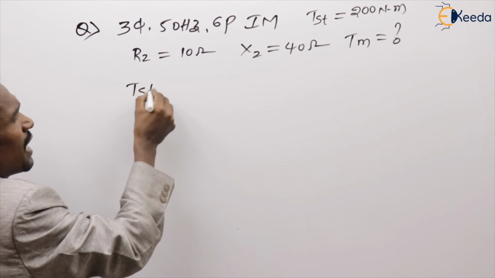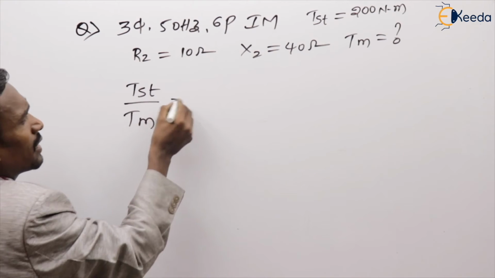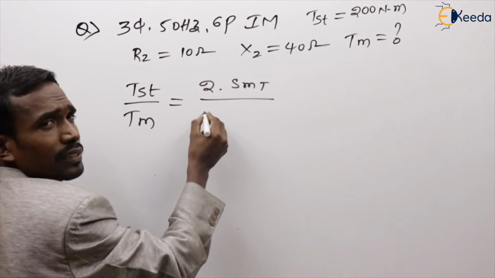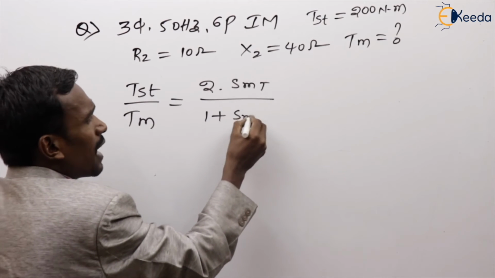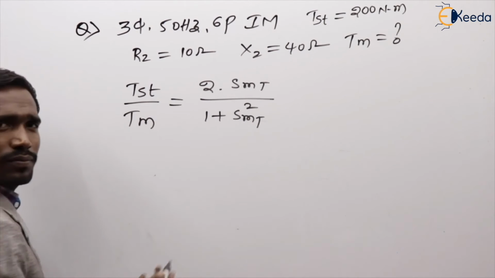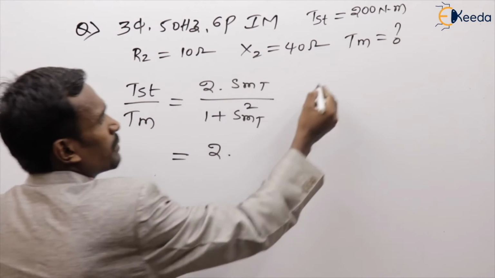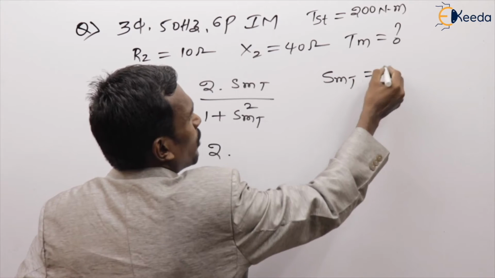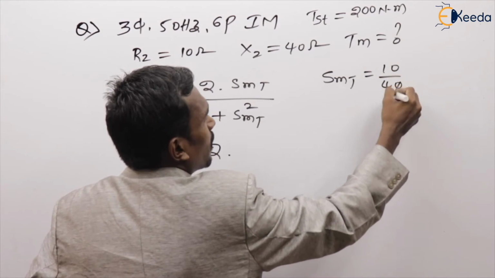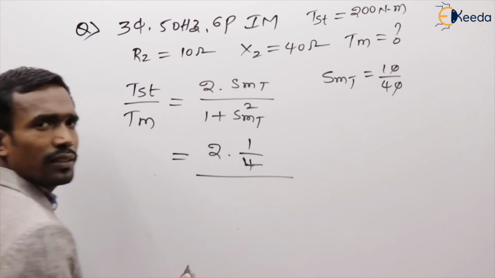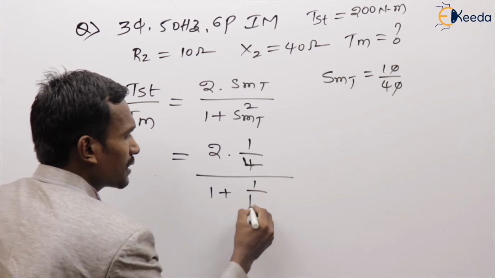The starting torque to the maximum torque is equal to 2 into SMT divided by 1 plus SMT square. What is SMT? SMT is equal to 10 by 40, nothing but 1 by 4, so 2 into 1 by 4 divided by 1 plus 1 by 16.